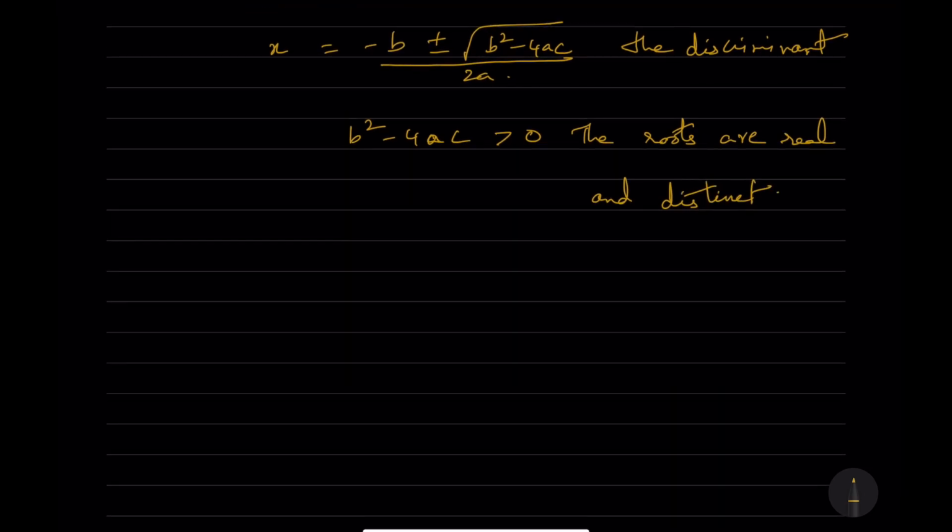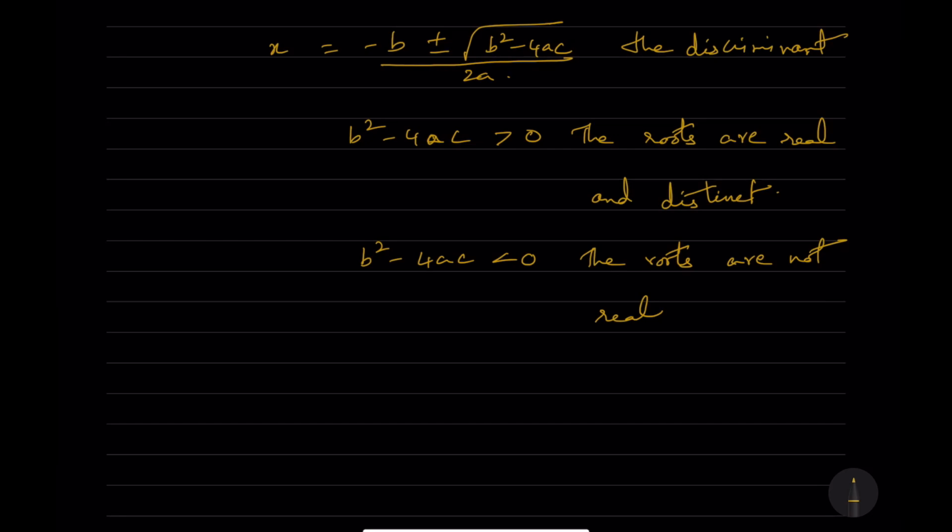If b square minus 4ac is less than 0, it means the roots are not real over here. So we did not find out any roots over here. We stopped the problem over here telling that the roots are not real. We cannot find out the roots.